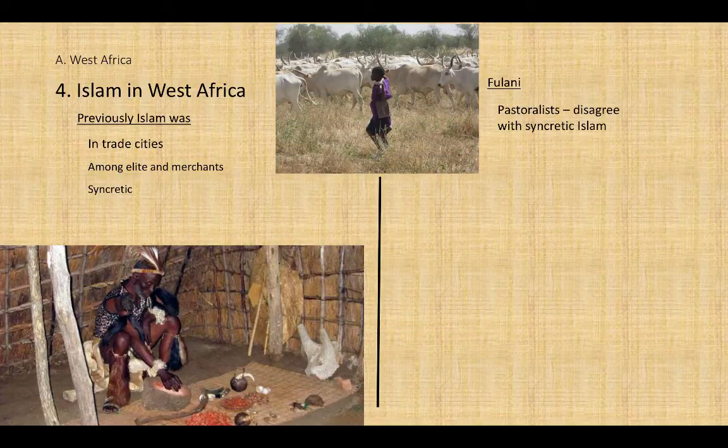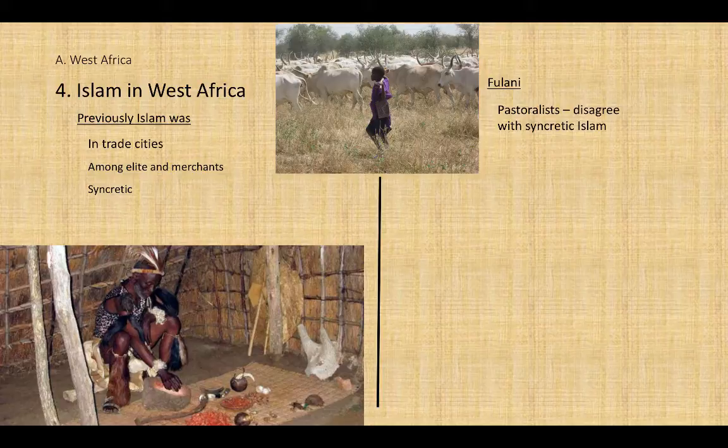However, as we go into period 4, Islam in Africa is going to change. We have a group of people called the Fulani, and they are mostly, as you can see in the picture, herders in West Africa, pastoralists. And they adopt Islam because they're on these trade routes, and they fundamentally disagree with Islam the way it's been practiced in Africa.